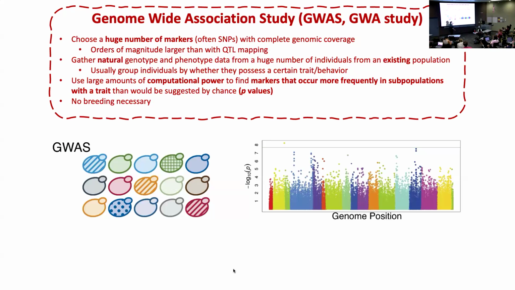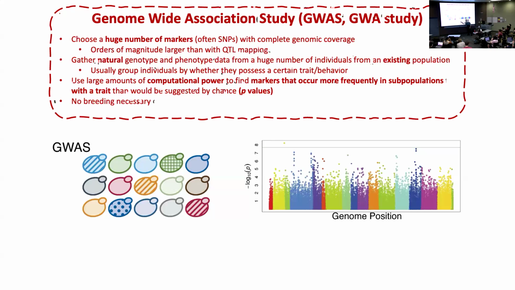But the basic idea here is we can get rid of the breeding. So it's a similar idea as QTL, but there's no breeding involved. And so what we're going to do is choose a gigantic number of markers, orders of magnitude more markers than you have in QTL. So in QTL, you might have 1,000 markers.